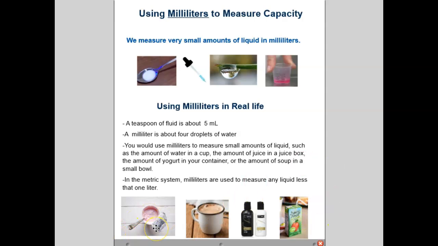So I would use milliliters to measure the amount of yogurt in my container, or the amount of cocoa in my cup because it's less than a liter, or the amount of shampoo or conditioner in a travel size shampoo bottle, or the amount of juice in my juice box, because milliliters measure very small amounts of liquid. What else did you guys come up with?